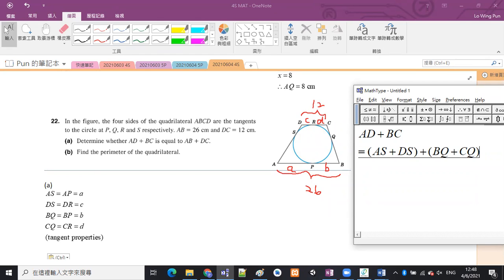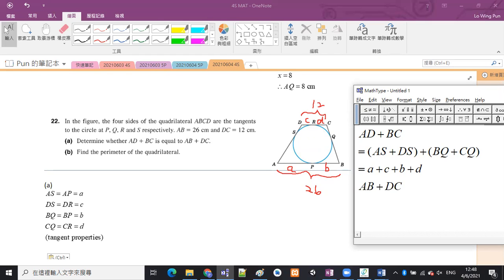DS is C, BQ is B, CQ is D. So it should be equal to A plus C plus B plus D. Okay? And then, what is AB plus DC? The other part. I want to check whether this sum is equal to this sum.